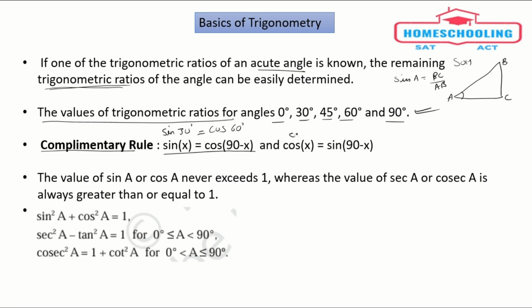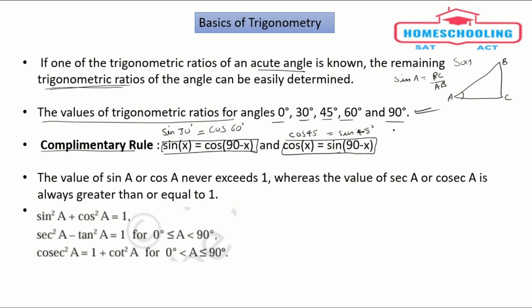Similarly, if we know cos 45 degree, then what would be the sine? Sine would be of 90 minus x, that is 90 minus 45, which is 45 degree. So we have to remember these two complementary rules, that sine x is equal to cos of 90 minus x and cos x is equal to sine of 90 minus x.